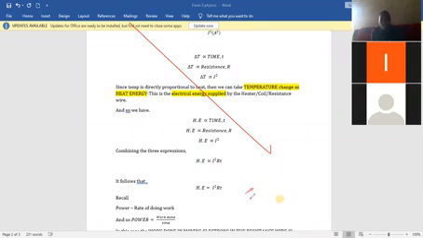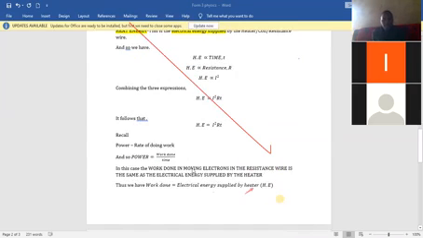So we have this equation. Electrical energy supplied by the heater is equal to current squared times resistance times time. Now, I want you to recall. Power is the rate of doing work.